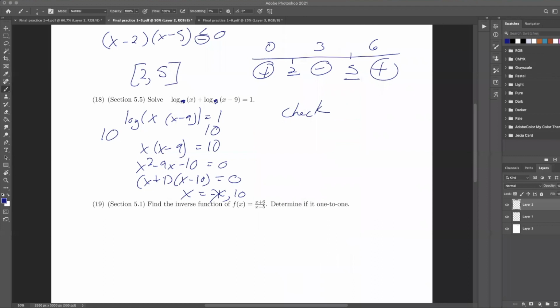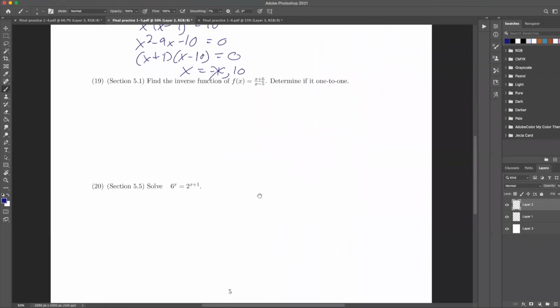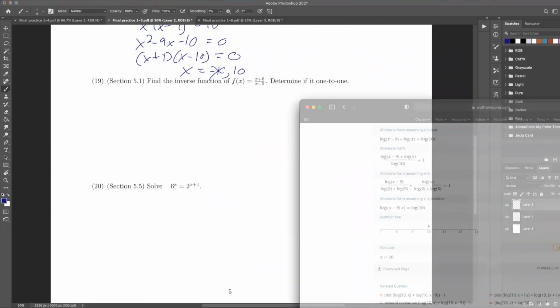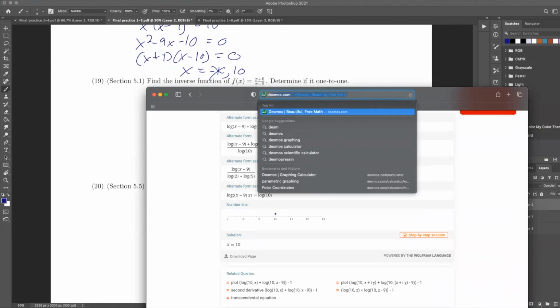All right, so now let's do the inverse. So this is 5.1. Let's find our inverse here, and determine if it's 1 to 1. 1 to 1 just means a unique input has a unique output. The best way to do that is just to type it into Desmos.